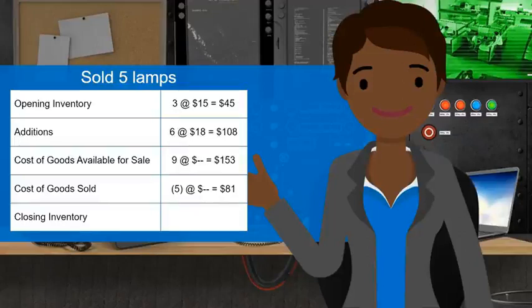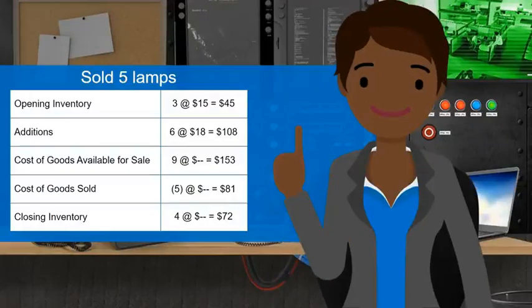To work out our closing inventory, we just need to subtract our cost of goods sold from our cost of goods available for sale. So at the end of our example month, Sophia and Summer would have 4 lamps with a total cost of $72. Now that's a job well done, ladies.